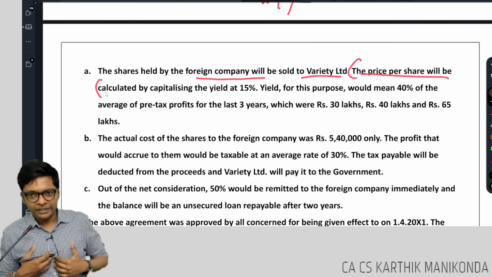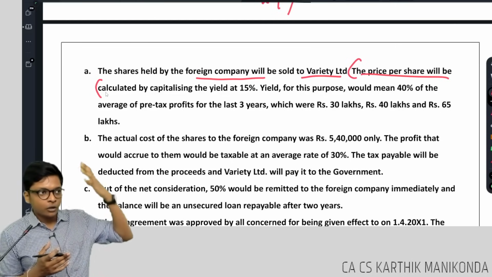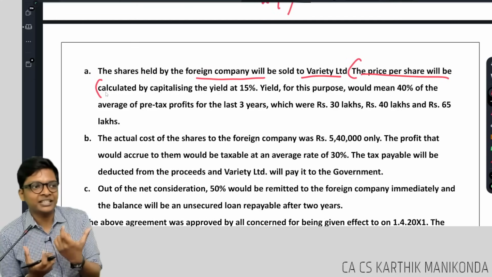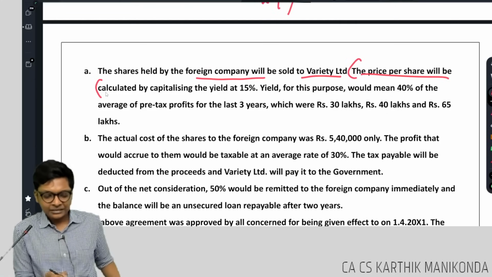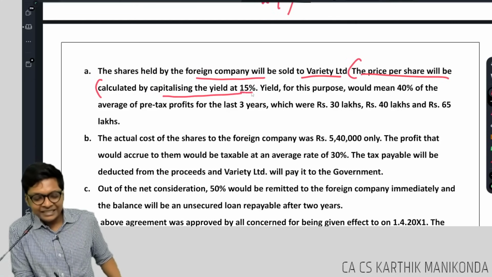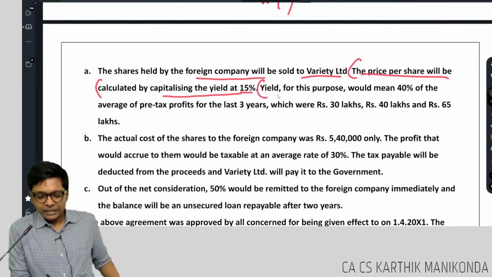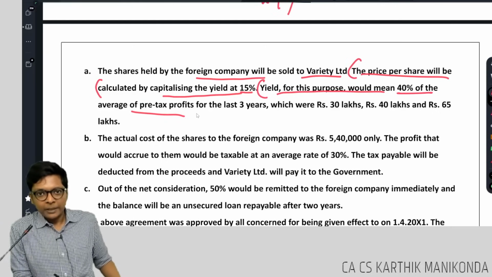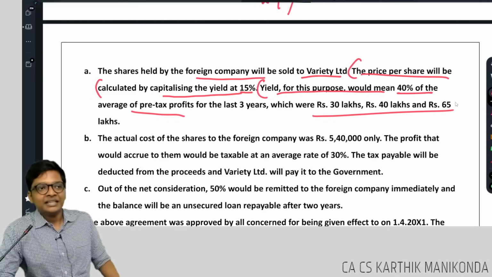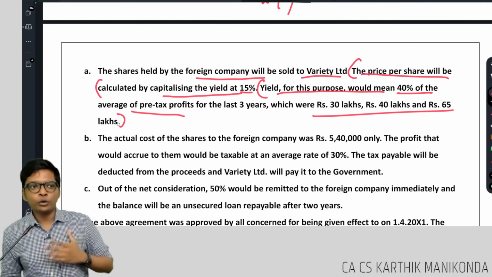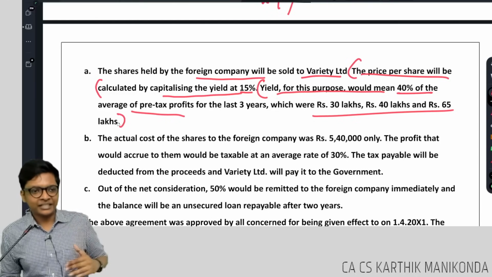If you don't know amalgamation, you have to pause the video, go back, watch full amalgamation, especially the computation of purchase consideration part, which is calculated by capitalizing the yield at 15%. What is yield? Yield for this purpose would be 40% of the average pre-tax profit of the last 3 years.